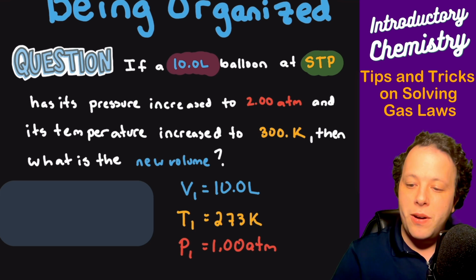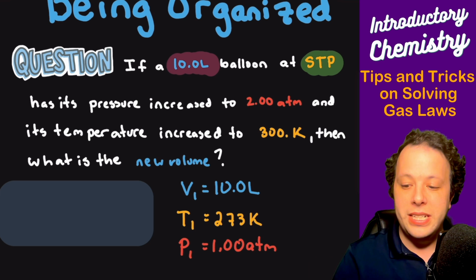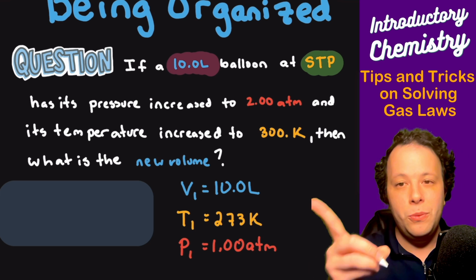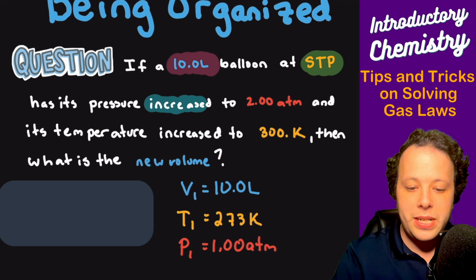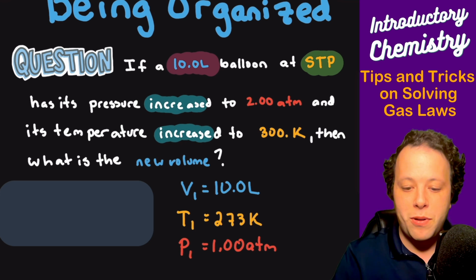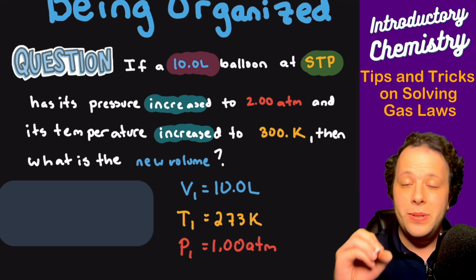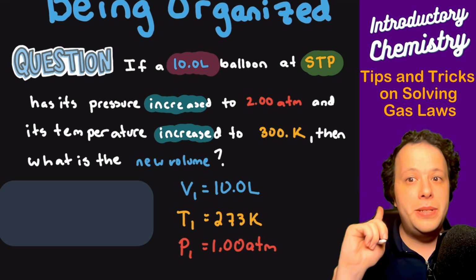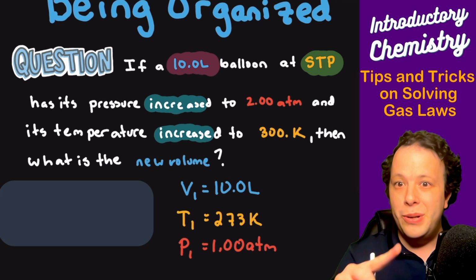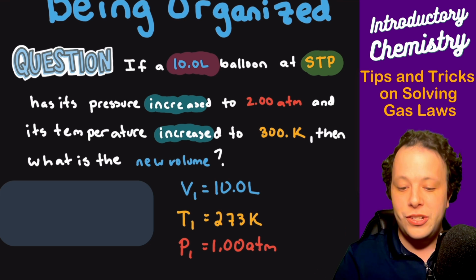Now, the next part says that it has been increased. Okay, there's one of those key words that I was mentioning earlier. The word increase, so we can see that in a couple places in this problem. What that's referring to is that the conditions are changing. So meaning we're going to be using one of our earlier gas laws, one where we have a condition change.